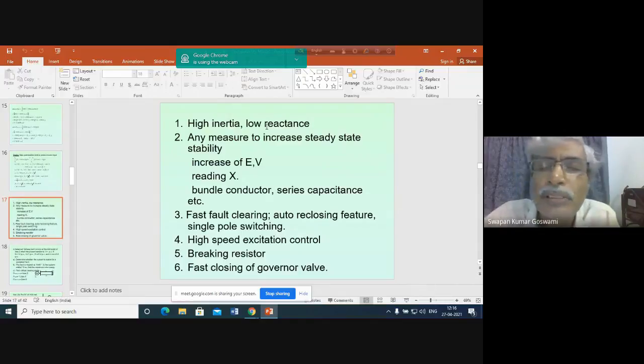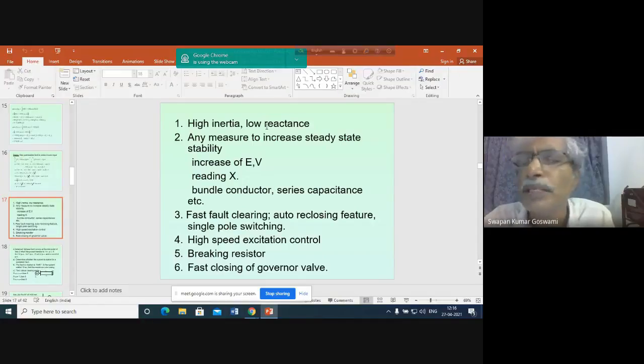If the rotor is heavy, if the inertia is more, then what will happen? The acceleration of the generator rotor will be somewhat less for the same amount of power. On what factor will the accelerating power depend?